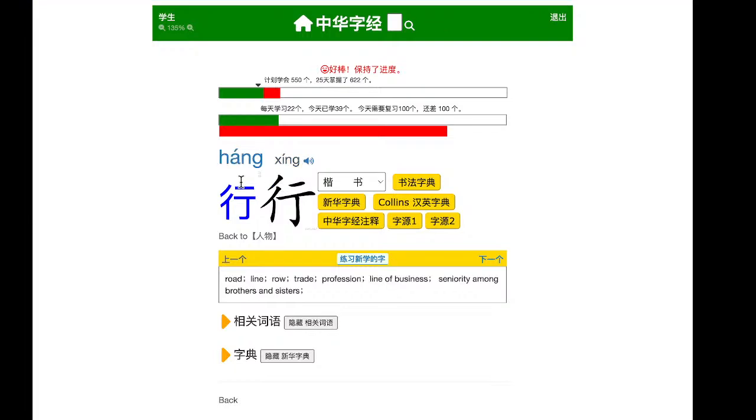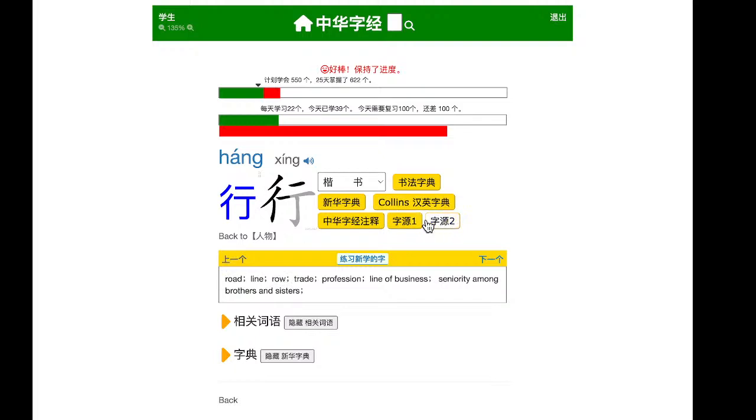Got another reading, 行. This was used in the prior chapter. The one about economics, because 银行 is used, 银行 is bank. It could also be a road, a line.